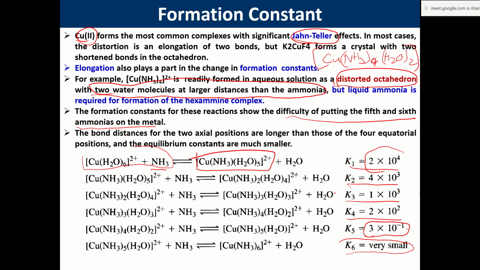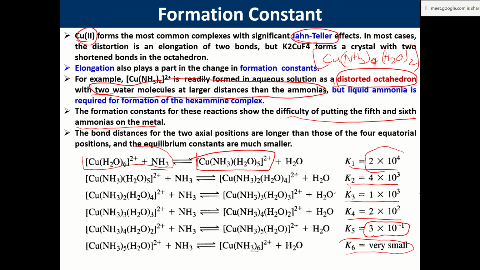But in this case, when the number is like 10 to the power minus 1, the products are very, very few compared to the reactants on this side. Which essentially means that you will hardly see any formation of Cu(NH3)5 in water, and the last one is almost never seen.